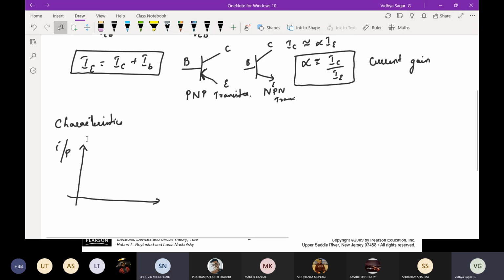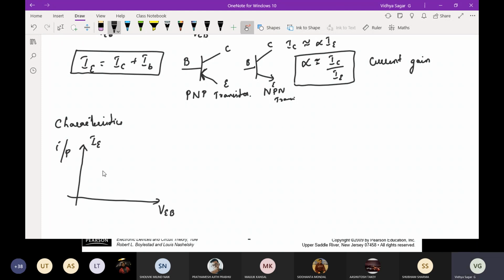What is input current here? Diffusion current. Diffusion current is IE. Fine. So the voltage applied across it, VEB. Clear?